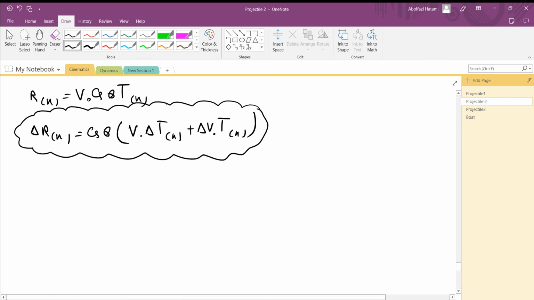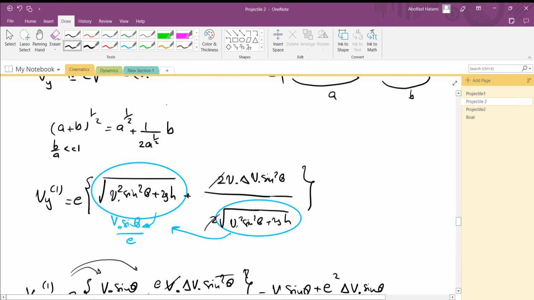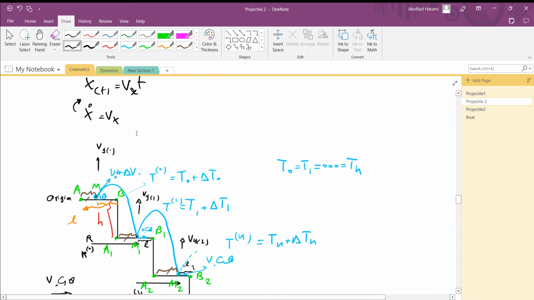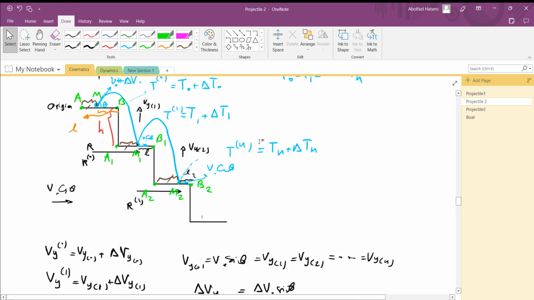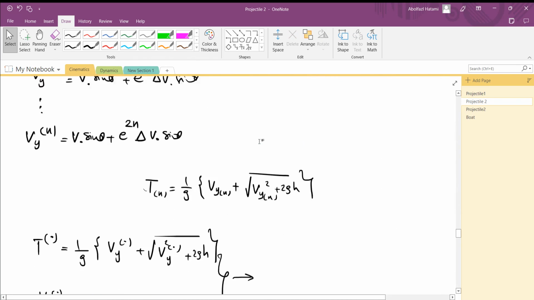Now we know how much each r is going to change if we have a little change in delta v0, the initial velocity.